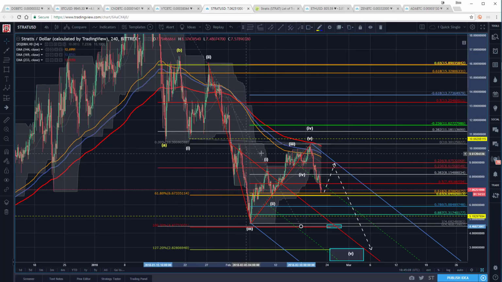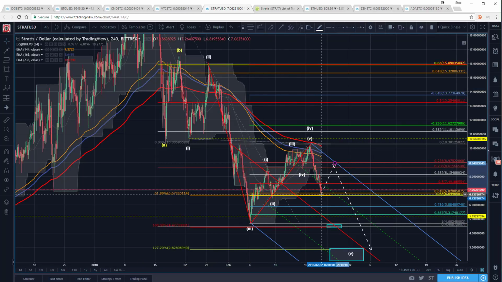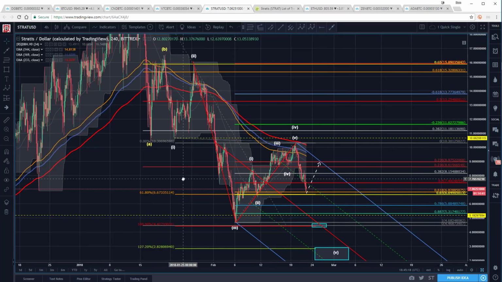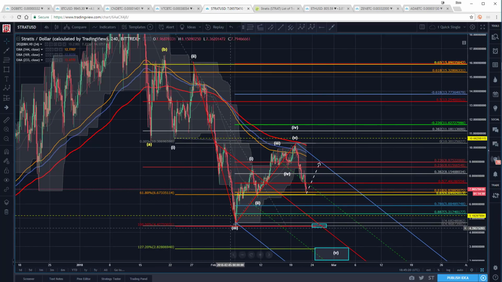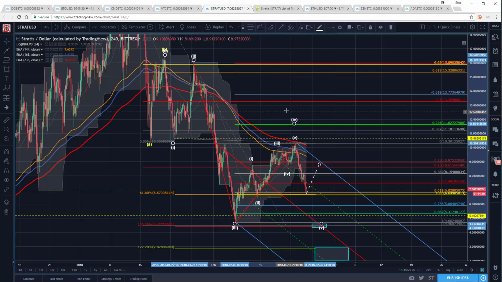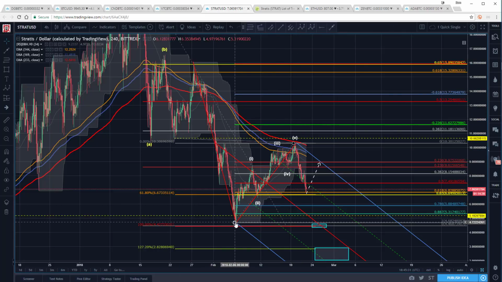So you'd have a completed 5, and you're making the case here that that's your 2. Well, if that's your 2, how are you going to know? If you're just going to ignore the 5-wave structure that's set up here for this thing to come down and finish with a 5th, and you just say, that's not what I see, I see a 5-wave going into a 1-2. All right, well, let's look at that. Okay. Maybe.